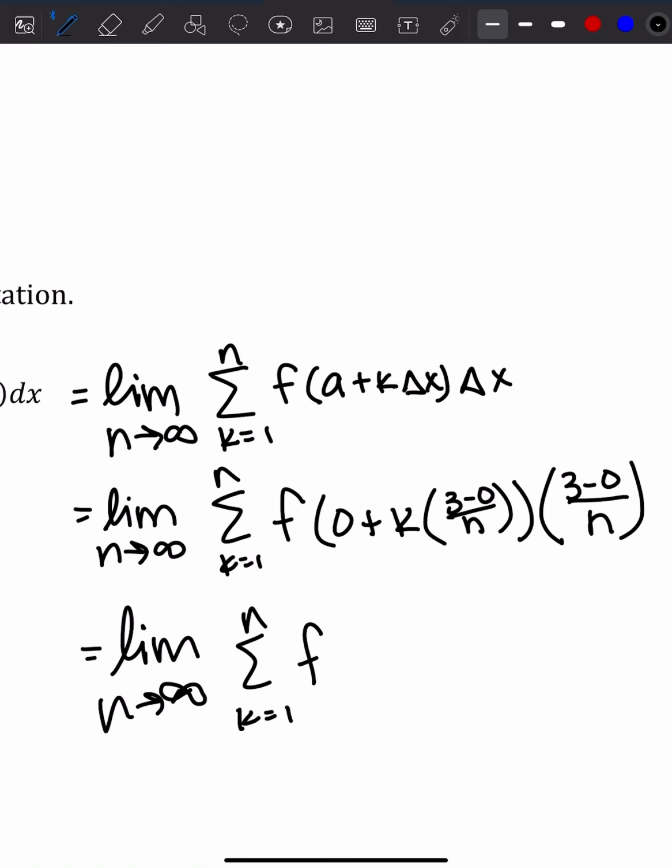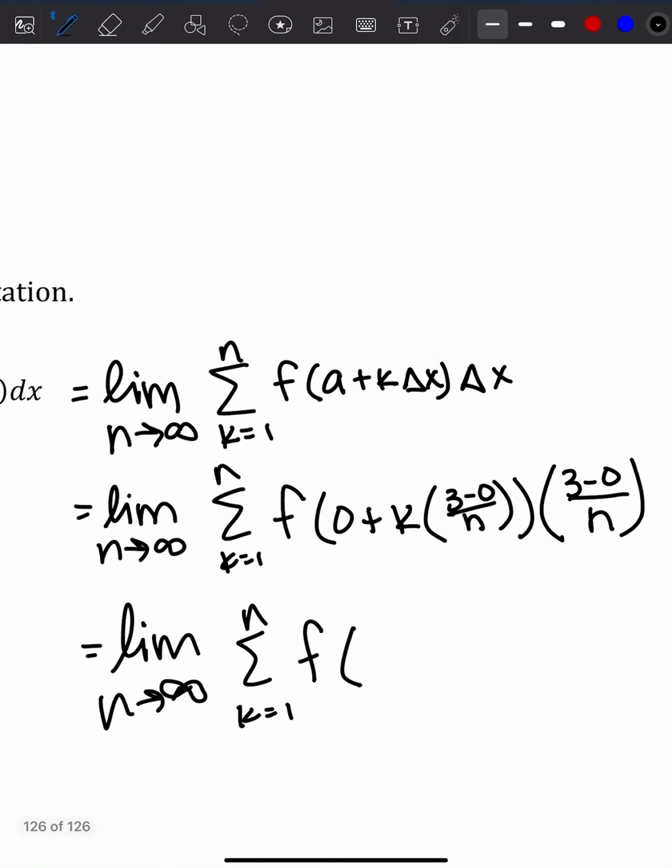Let's simplify. We have 0, we can get rid of it, k times 3 minus 0, 3 over n. So we have 3 over n times k, so 3k over n. 3 minus 0 gives us 3 over n.